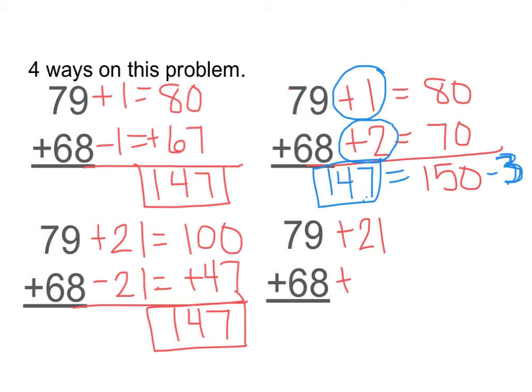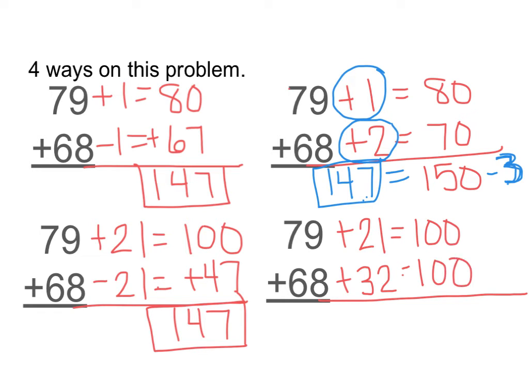Now let's do what I did up there, only take it to the 100. 79 plus 21 and 68 plus 32. Notice I picked partners to 100. So I now have 200, but I can't just leave all that extra that I've added.